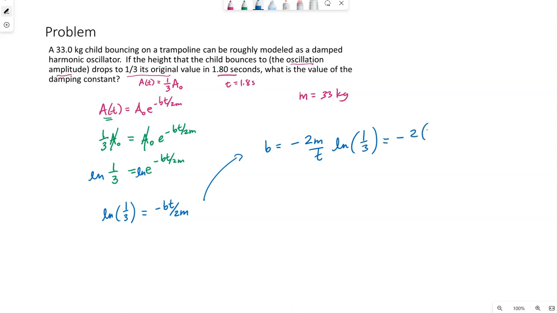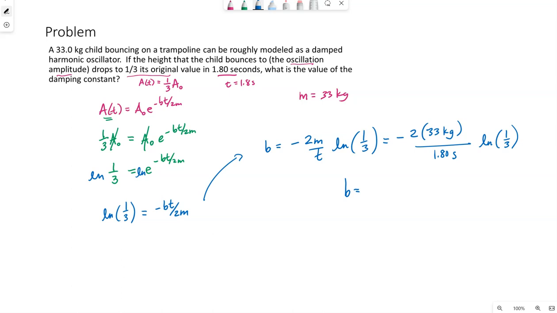So the mass is 33 kilograms. The time is 1.8 seconds. So b, when I plug these numbers in, I have essentially 3 sig figs from the 33.0 and the 1.8.